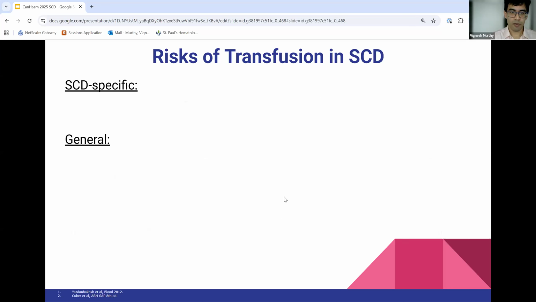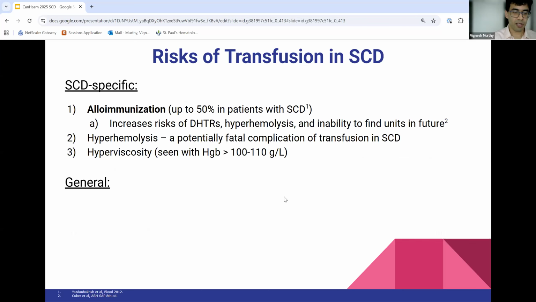So the risks, of course, can be summarized into sickle cell specific and general risks. In sickle cell disease, there's something called alloimmunization, which is much more significant in sickle cell compared to the general population, and I'll go into that in more detail. But that increases their risks of delayed hemolytic transfusion reactions, hyperhemolysis, and an inability to find units in the future.